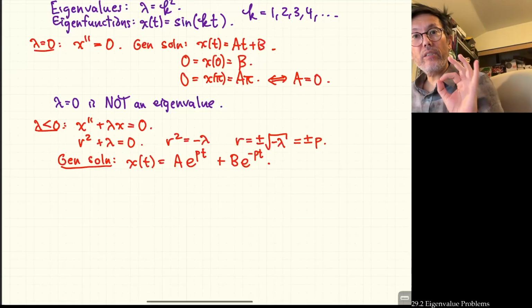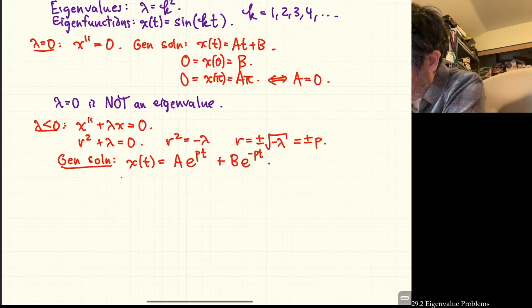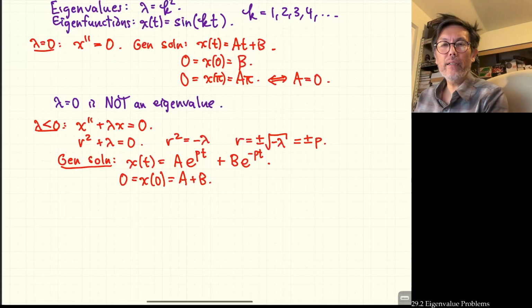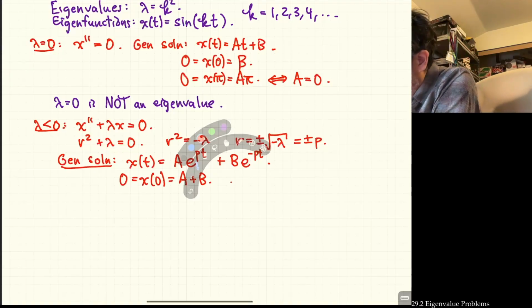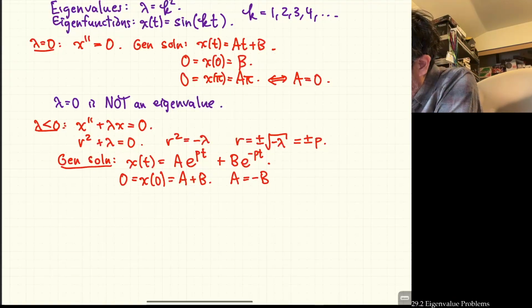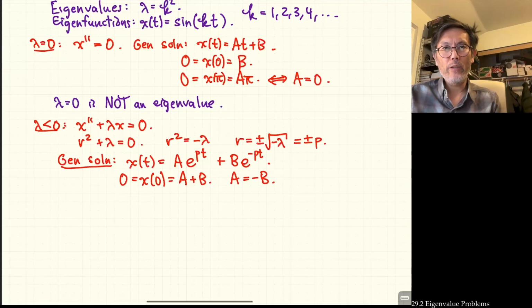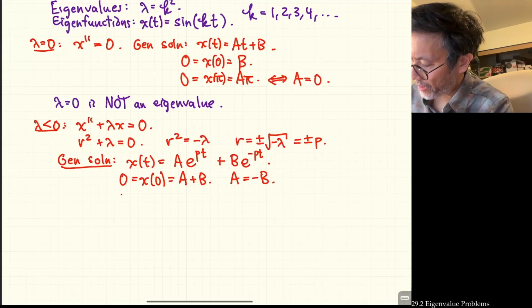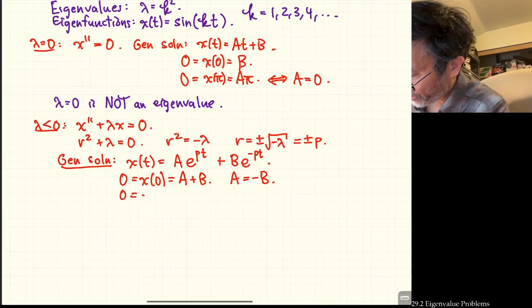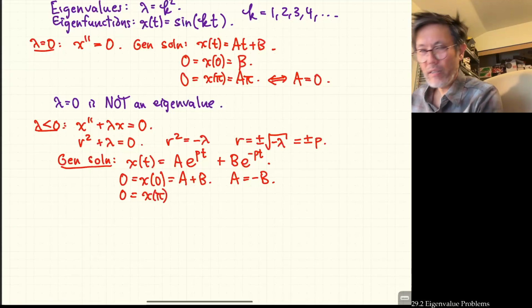Now let's see what the boundary conditions imply. So 0 is equal to x of 0. If we plug in t equal to 0, we get a plus b, meaning that a is the negative of b. We can incorporate that in thinking about the second boundary condition, which says that 0 is equal to x of pi.